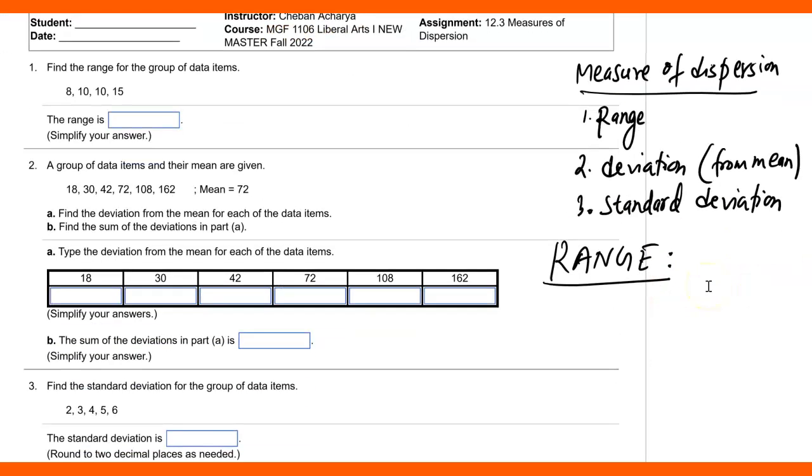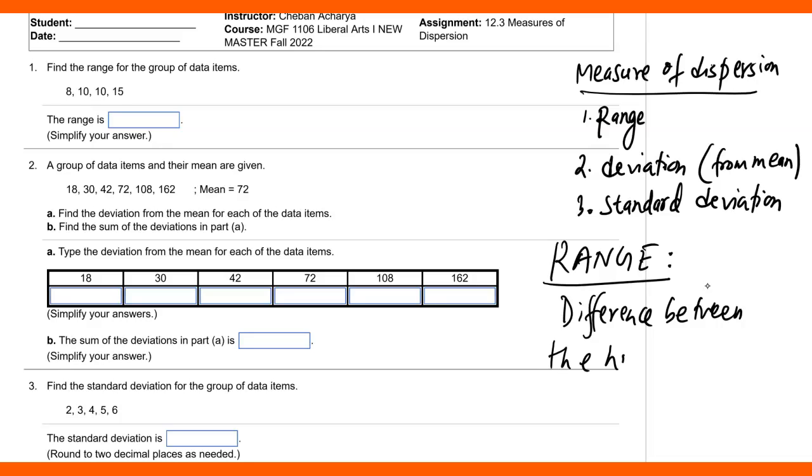The range, in the data set, is the difference between the highest and the lowest data values.